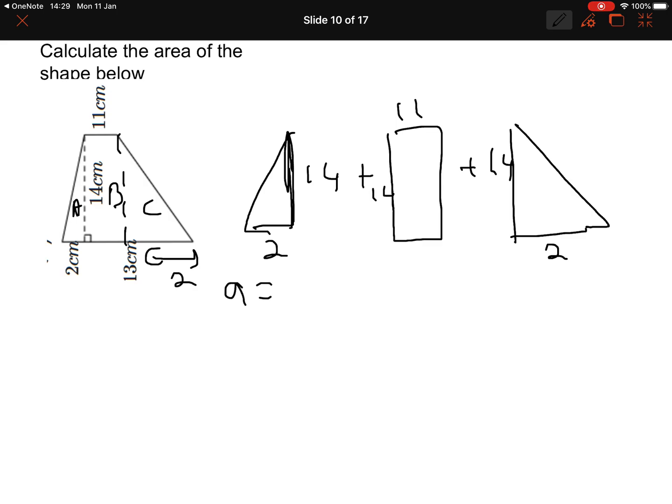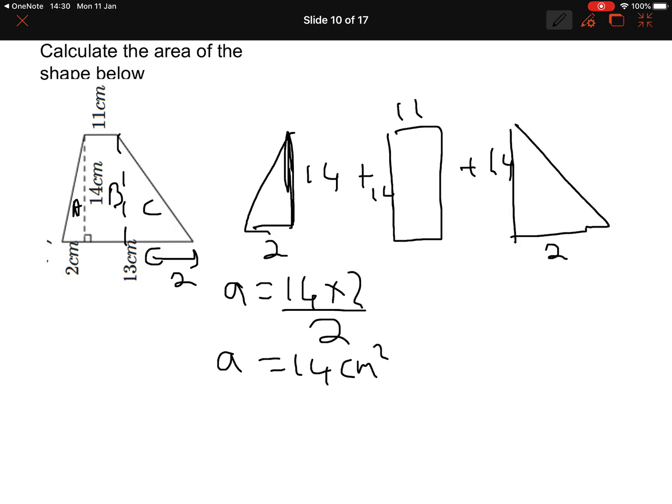Now, let's have a go. So, area of the first triangle is just 14 times 2 divided by 2, okay? Now, if I times the number by 2 and then half it, I'm just basically back where I started from. So that is going to be 14 centimeters squared. All right, that's the first one I've started.